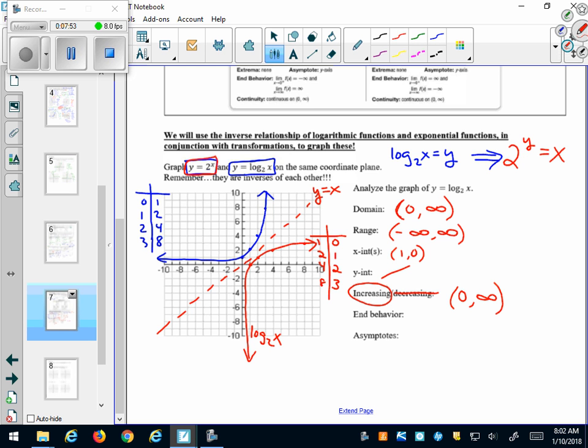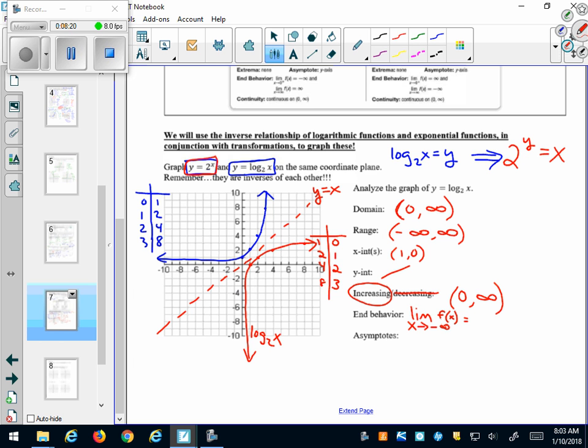End behavior. Limit as x approaches negative infinity of f of x equals... actually, we can't go to negative infinity.